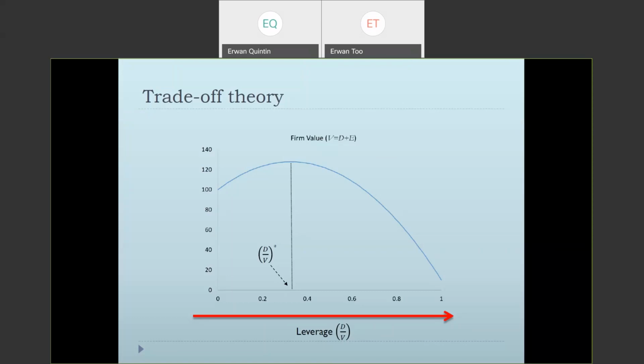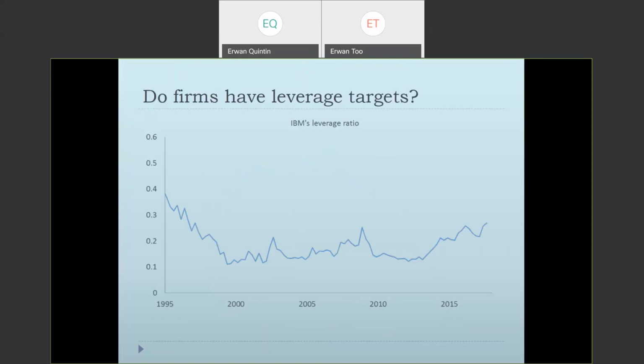So the one question to ask is, when we look at data, does it appear that corporations have leverage or capital structure targets? So for instance here, let's look at the leverage ratio. This is the debt to value ratio of a corporation, IBM, to be specific, and we're going to download those data in a moment.